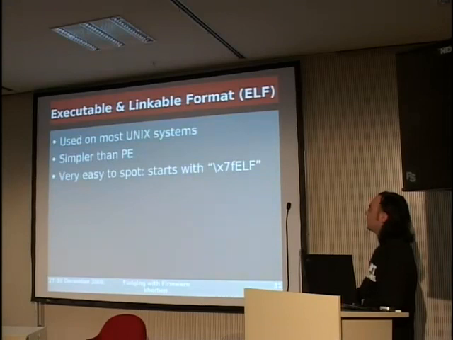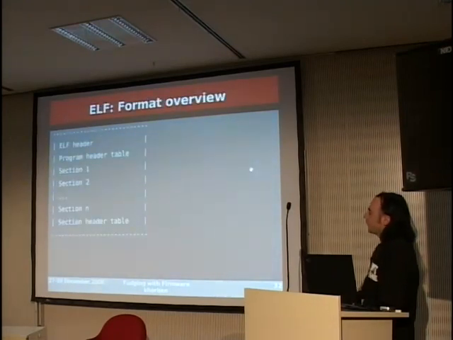Now let's have a look at ELF, which looks almost the same, except it's simpler. It's just a series of sections, and it's even easier to spot because it says directly in the first 4 bytes, 127 decimal and ELF. Just a list of sections, a program header table, a section header table, strings packed together, fairly easy to recognize.